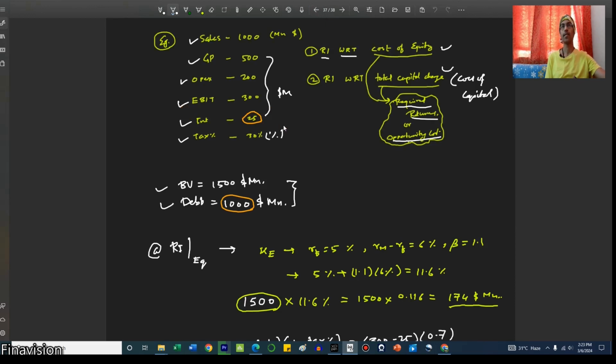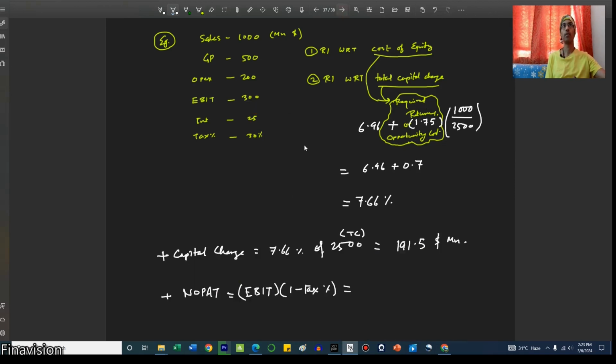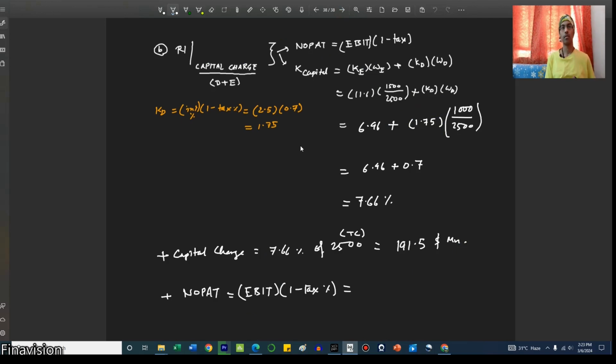Yes, see, it is 300. So 300 into 0.7. This is equal to $210 million.